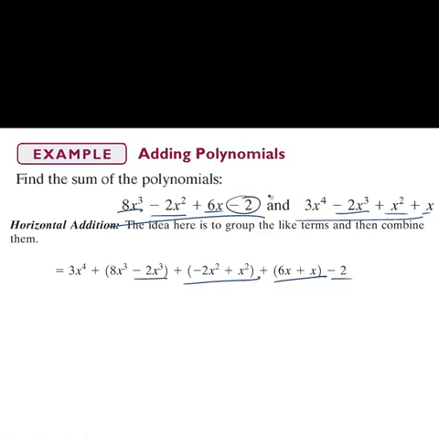So how do you combine like terms? Well, you just basically combine the coefficients. What makes these like terms? Well, because they have the same powers of x. So 8x cubed minus 2x cubed will be 6x cubed.